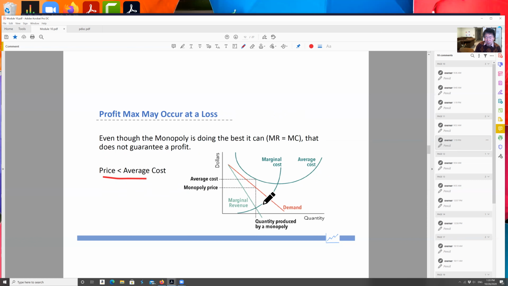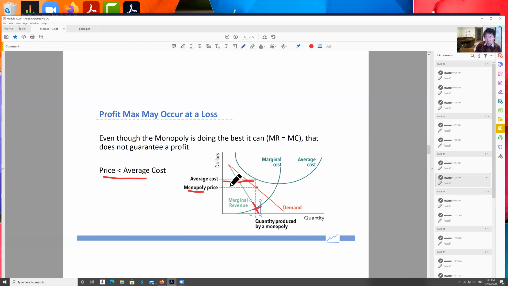The intersection of marginal revenue and marginal cost occurs right here. Monopoly price is right there on the demand curve. That's monopoly price. But average cost is even higher.